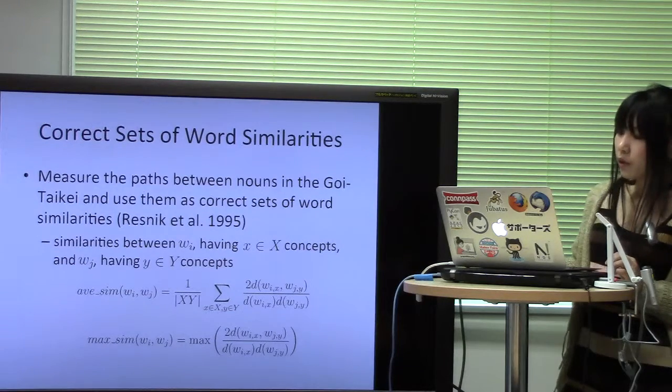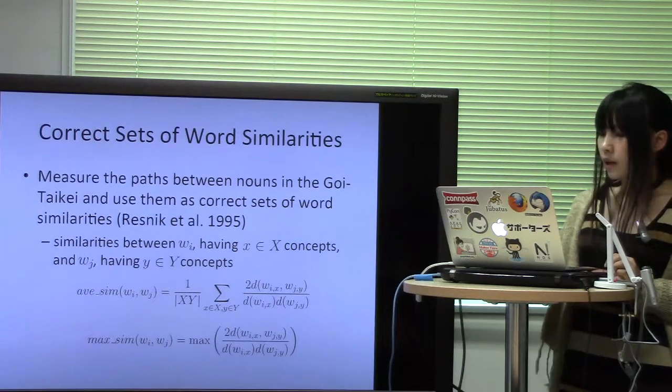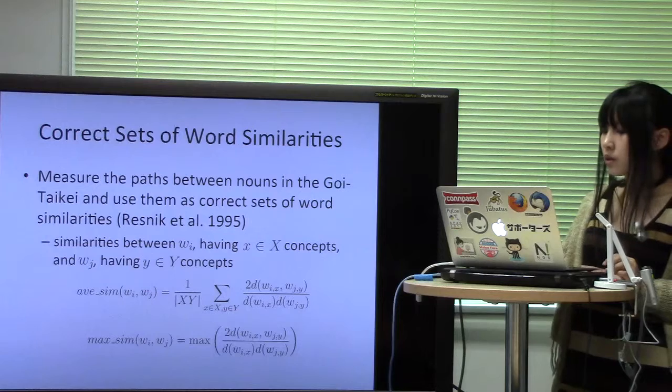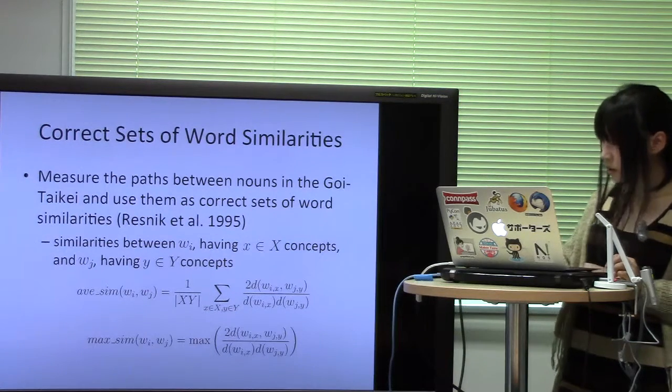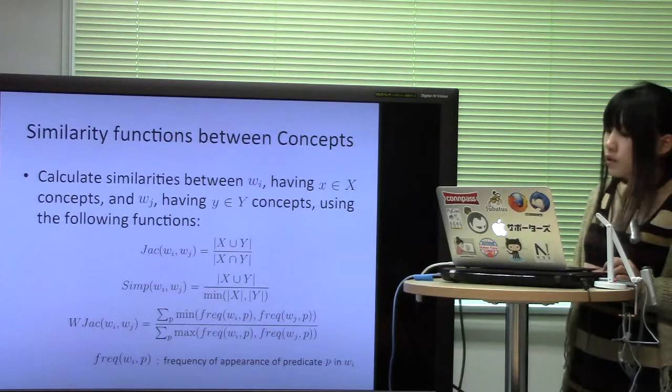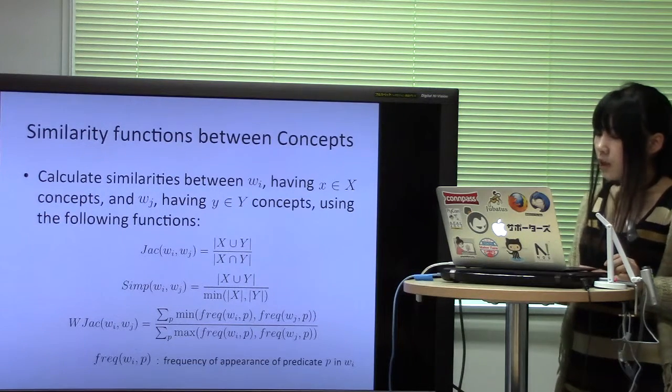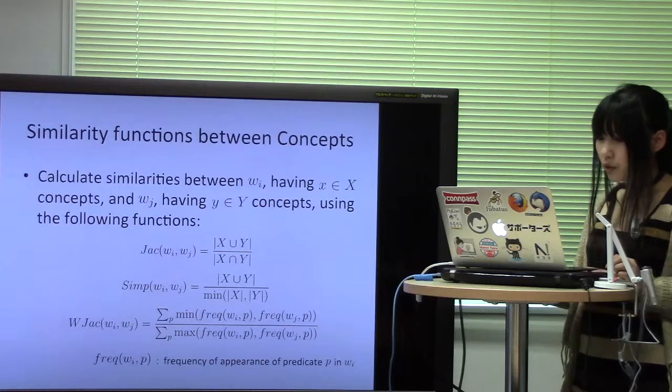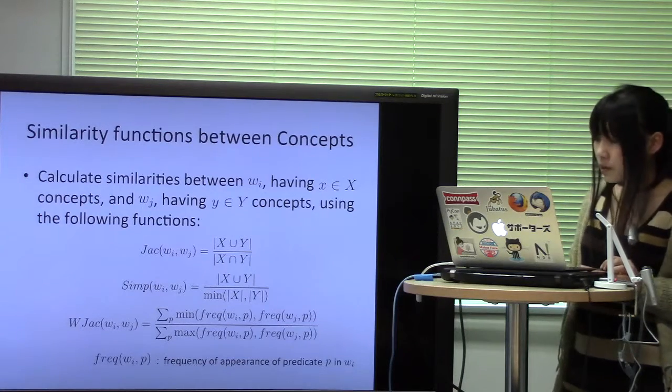We measure the path between nouns in the Goitaikei and use them as the correct set of word similarities. We use the Jaccard similarity, Simpson similarity, and weighted Jaccard similarity as similarity functions.